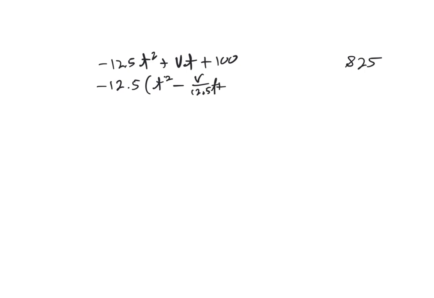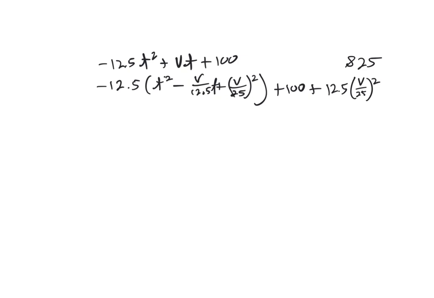Then we take half of our coefficient here, which is v over 12.5, and we square it. So that's going to give us v over 25 squared. Out here we still have our plus 100, and then we're going to end up having our plus 12.5 times v over 25 squared.